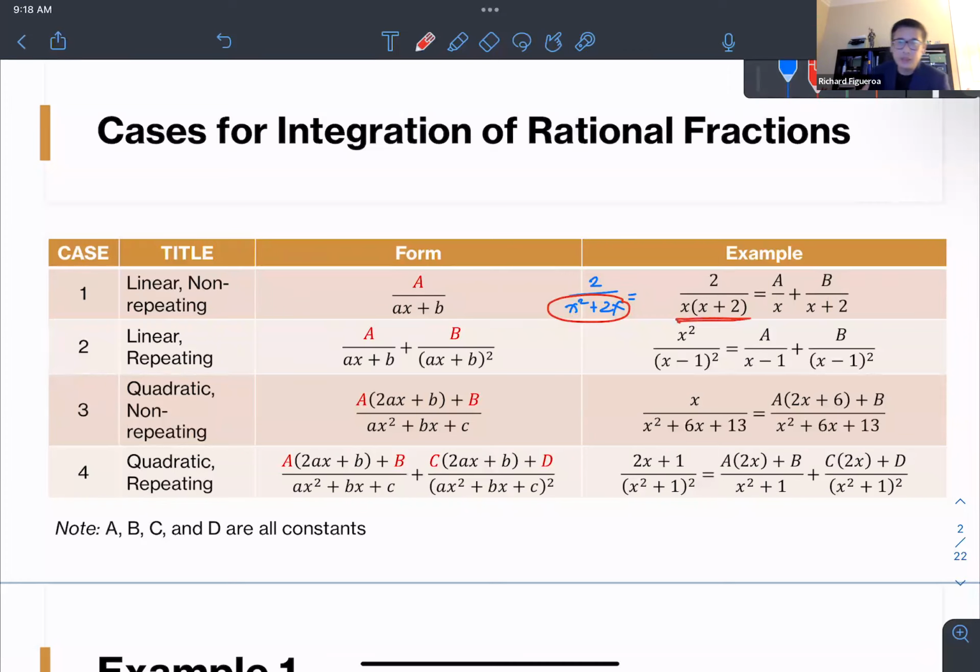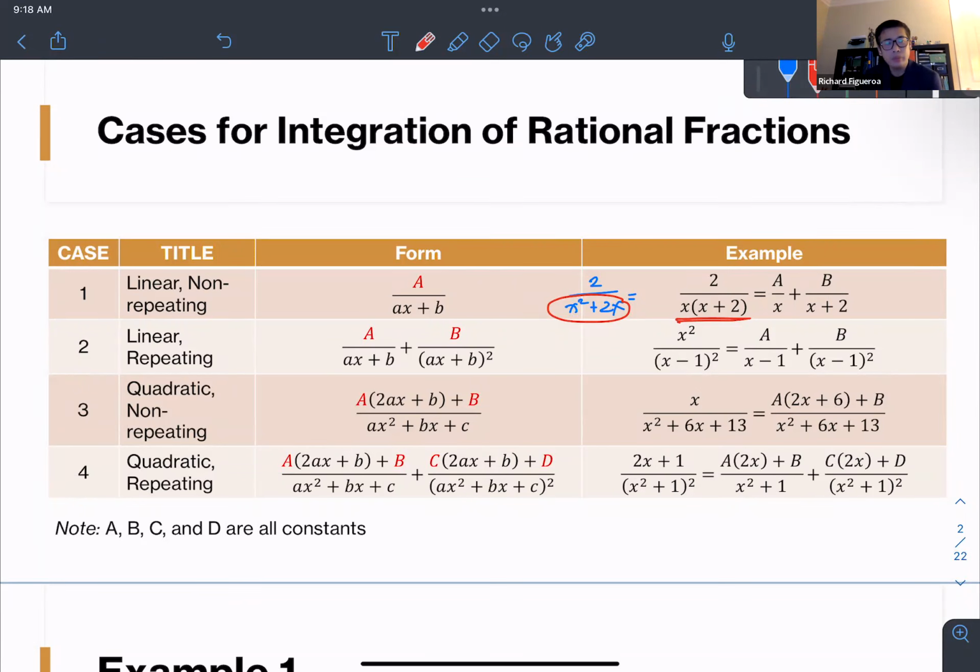In this case, we need to take a look at each factor. Each factor will tell us what case the factor will be under, whether that would be case 1, case 2, case 3, or case 4. Case 1 and case 2 pertain to linear factors.